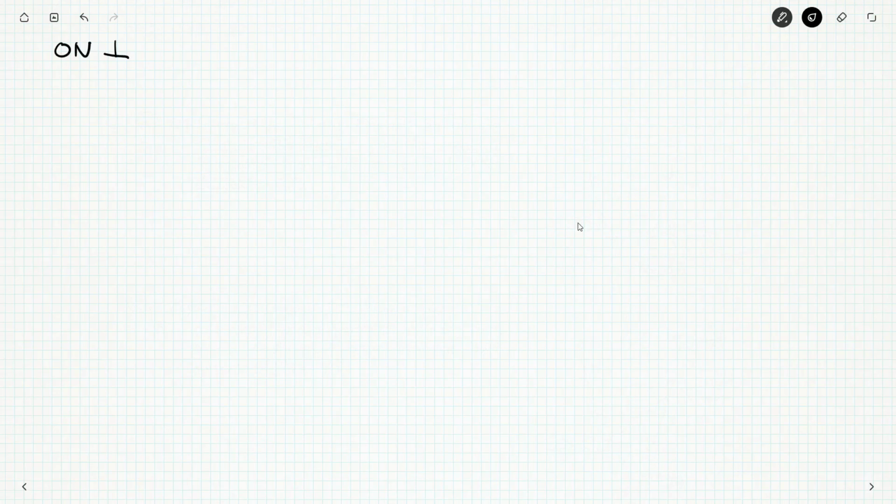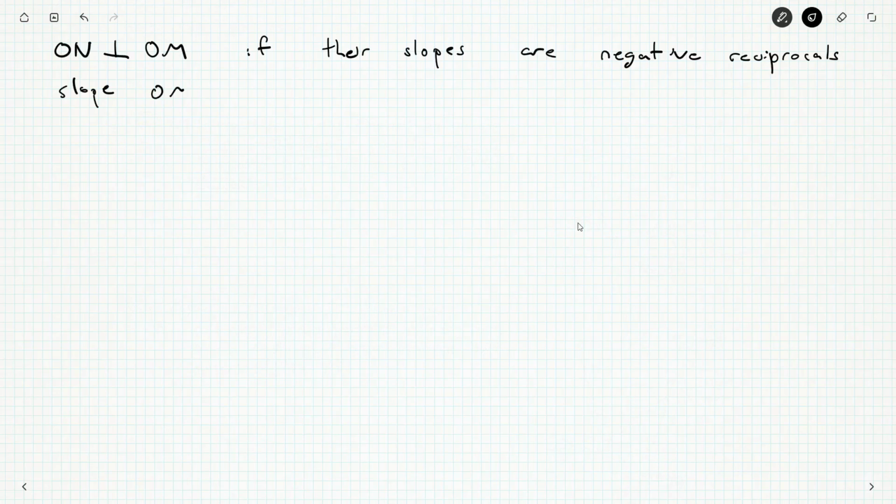ON is perpendicular to OM if their slopes are what we call negative reciprocals. Alright, well, what's the slope of OM?